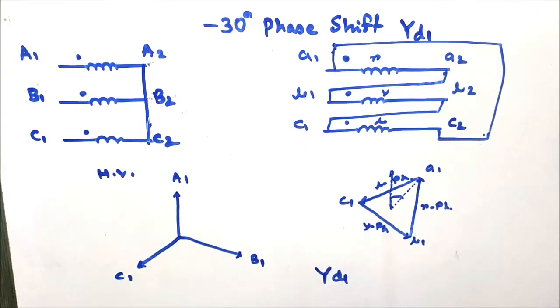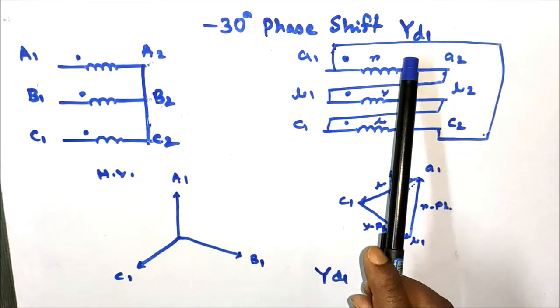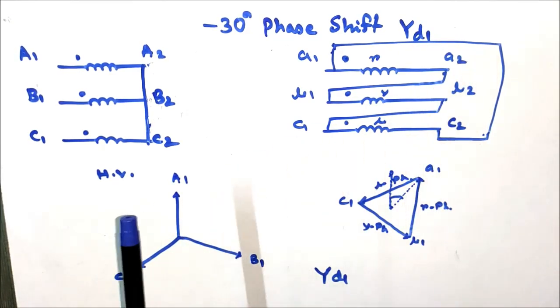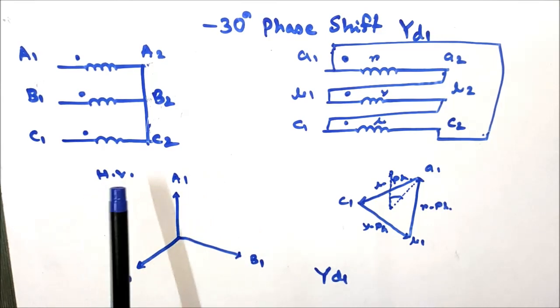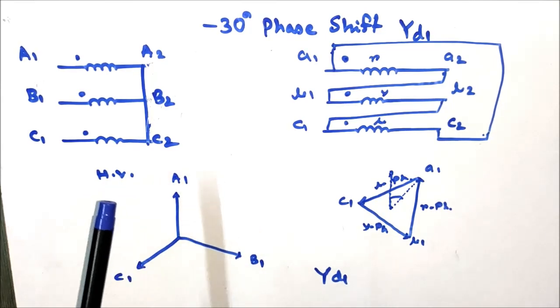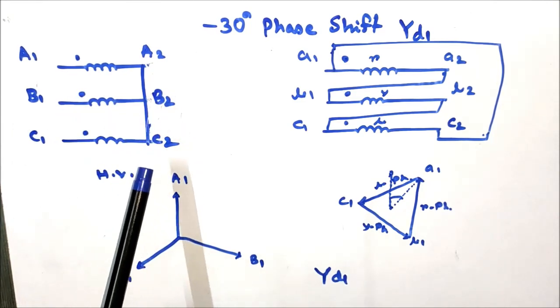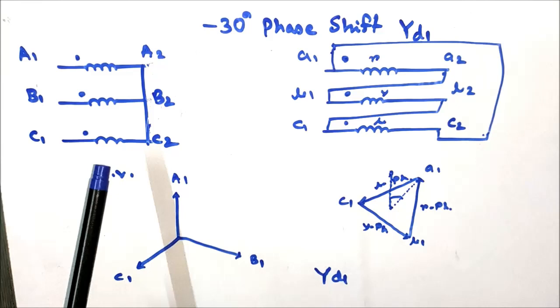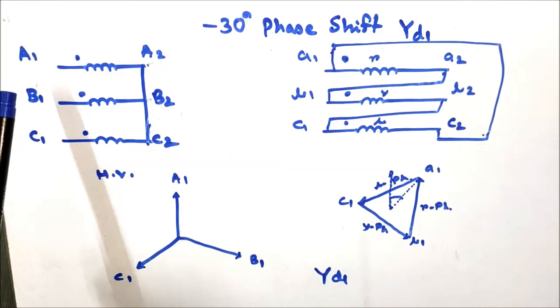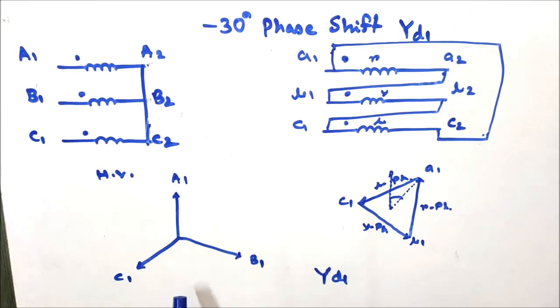Now another vector group, in here there is a minus 30 degree phase shift of the LV side winding from that of the HV side winding. That is, the vector group is Yd1. Here again the HV side is star connected, and for the HV side connection A2, B2, C2 are shorted as it was previously, and the supply connection terminals are A1, B1, C1 as shown in this phasor diagram.